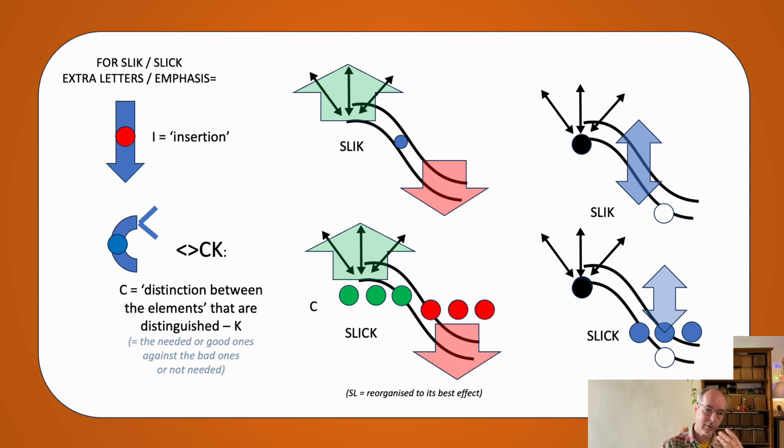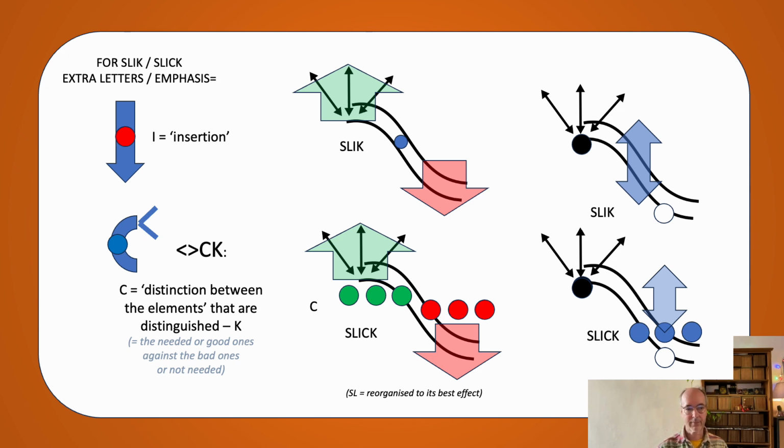With slick, or to swallow, there is the E as a main focus. This balance is there, so we have something coming in, the insertion, the E, and then the activity, we want to get rid of it. We want to process it, SL, and get rid of it, K.